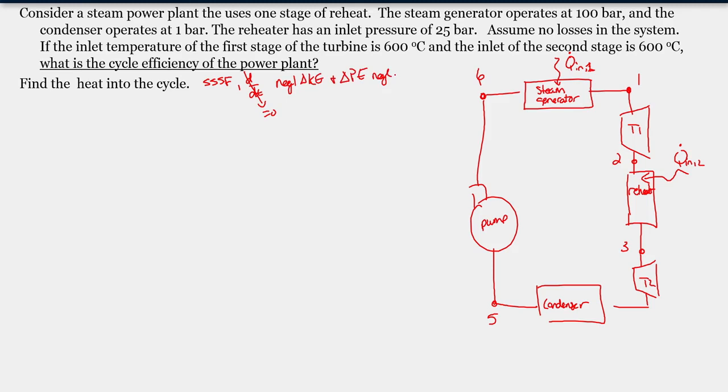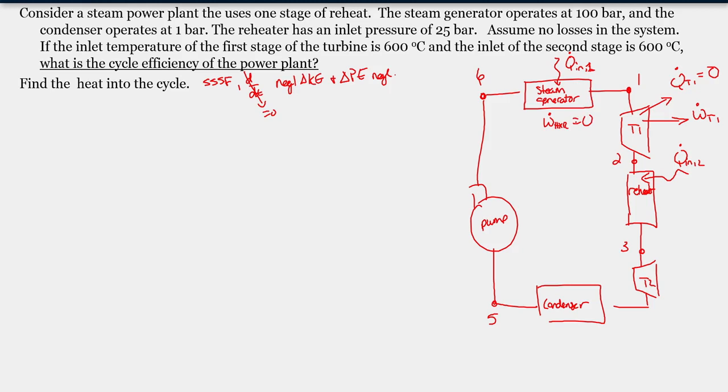That leaves us, for each of these components, with only the heat transfer, the work transfer, and the enthalpy. For the turbines, we're going to consider those adiabatic, so they'll have work out of a turbine, but all turbines are considered adiabatic. And for our steam generators, of course, the heat exchangers, so any heat exchanger, there's no work transfer.